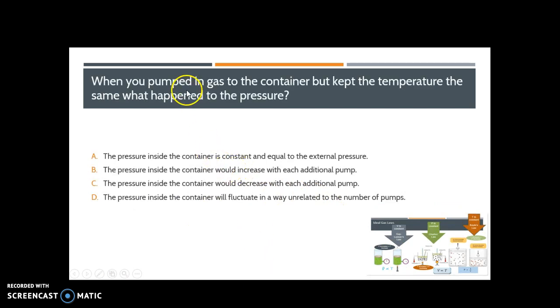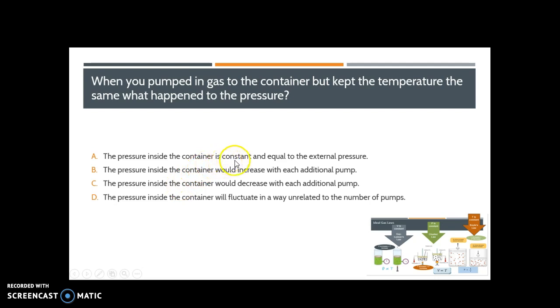In the next question, it's talking about pumping gas into a container, but keeping the temperature the same, and then looking at what will happen to the pressure. Because we have temperature the same, it means we're using Boyle's Law. Temperature is constant. So when we add more molecules, but the container is staying the same size, what will happen to that pressure? Think about as you pump those molecules in. At each pumping of new molecules, what's going to happen to that pressure?